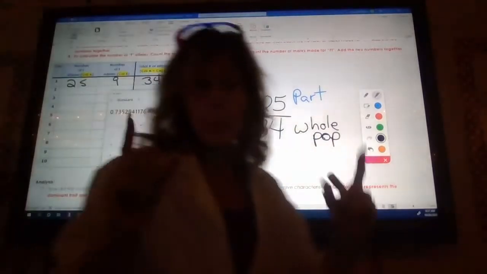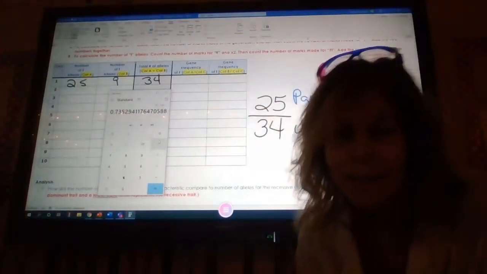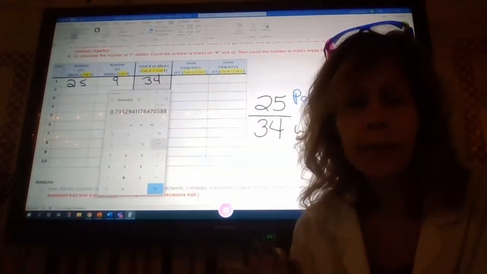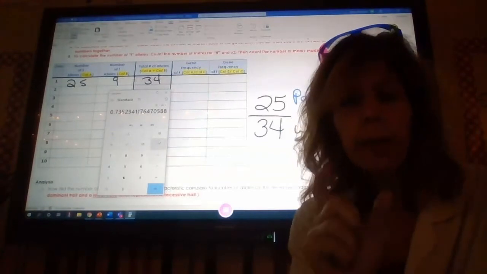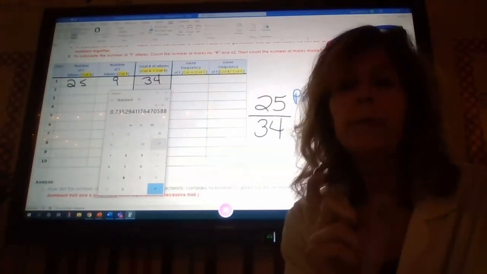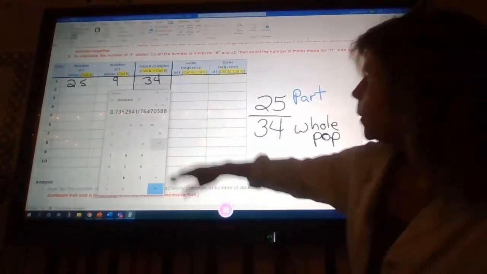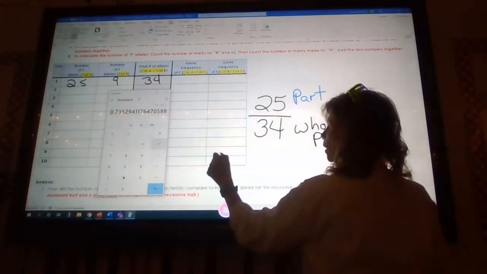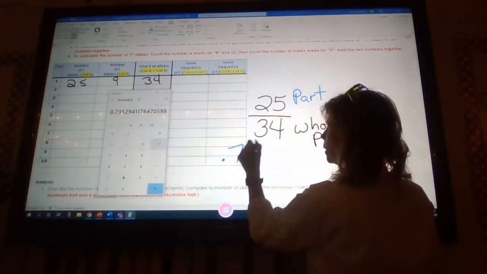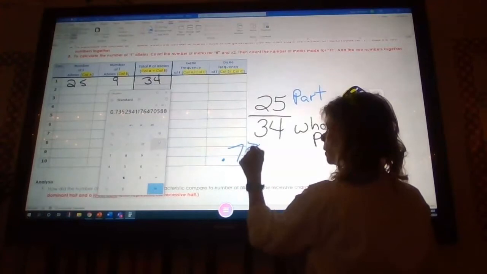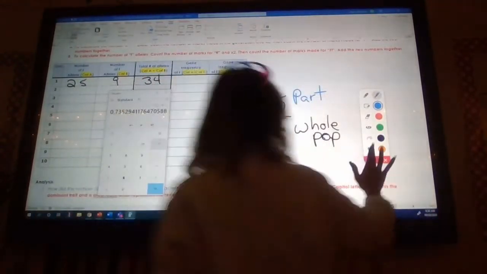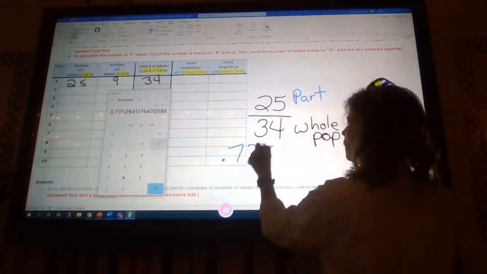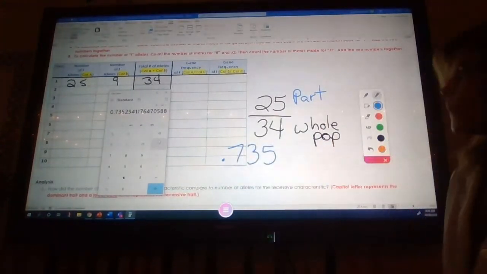Now, it gives us this big long decimal. Now, percents, cent means 100. Think there's 100 pennies in a dollar, 100 cents. So we're actually only really concerned with the first 2 or 3 numbers after the decimal. So it gives me 0.735. Okay?